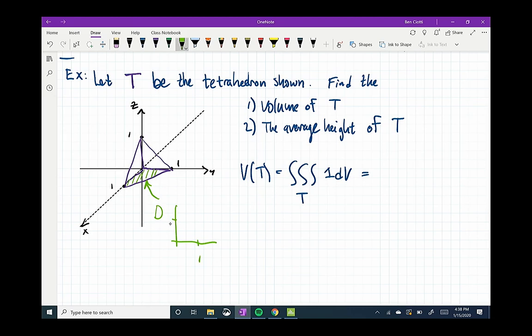D is going to look like this triangle. And then I need to find an equation for this face. It's a plane, so I need the equation of that plane.